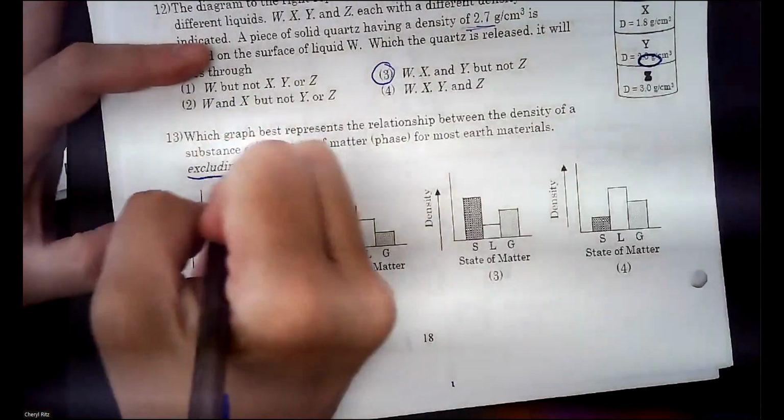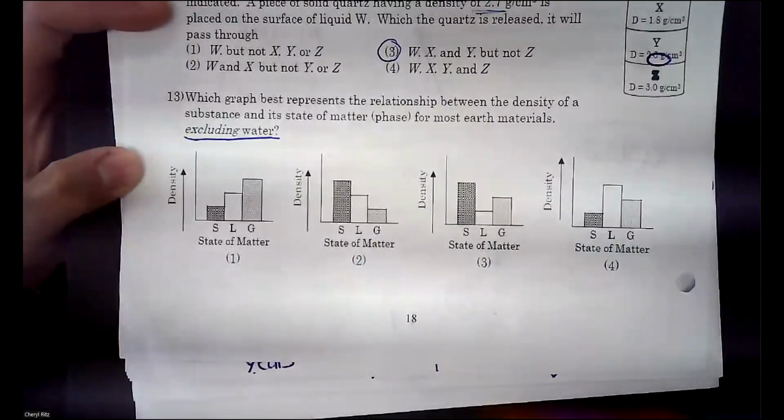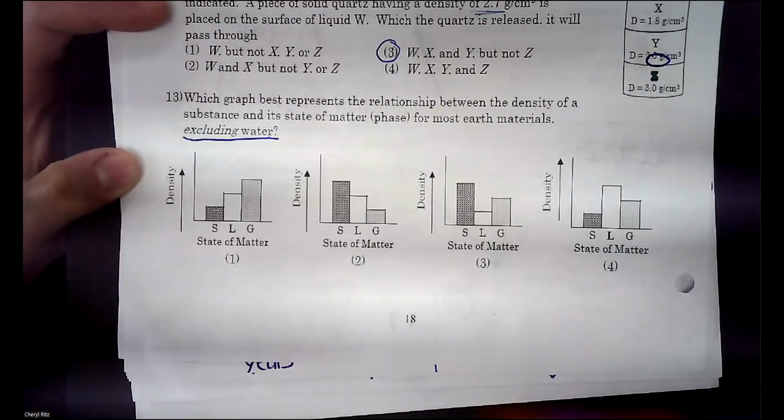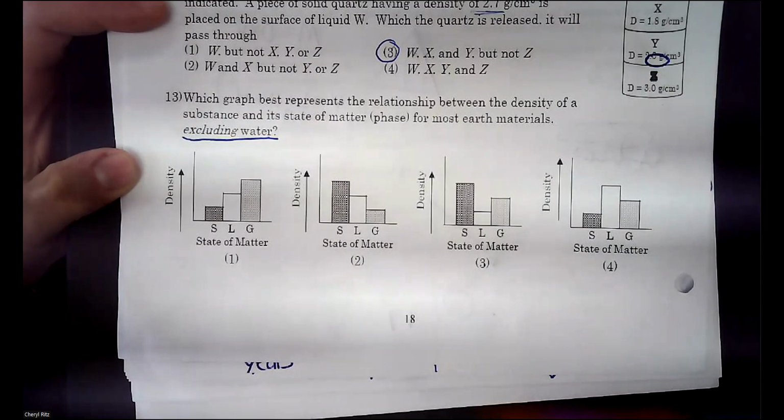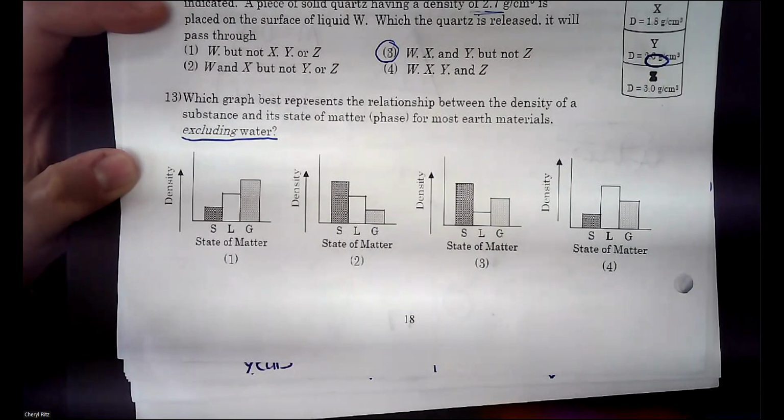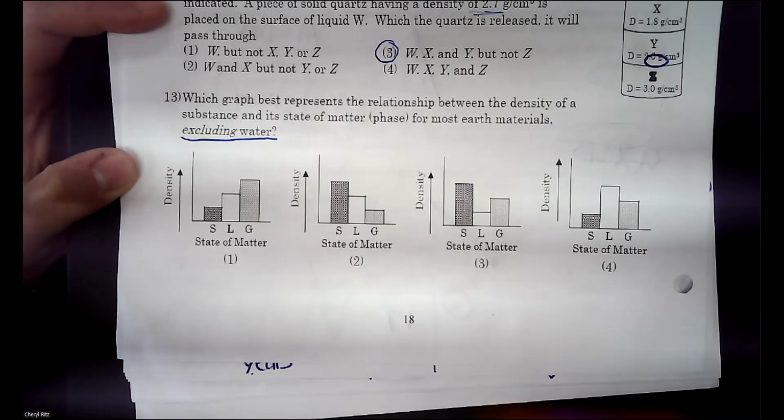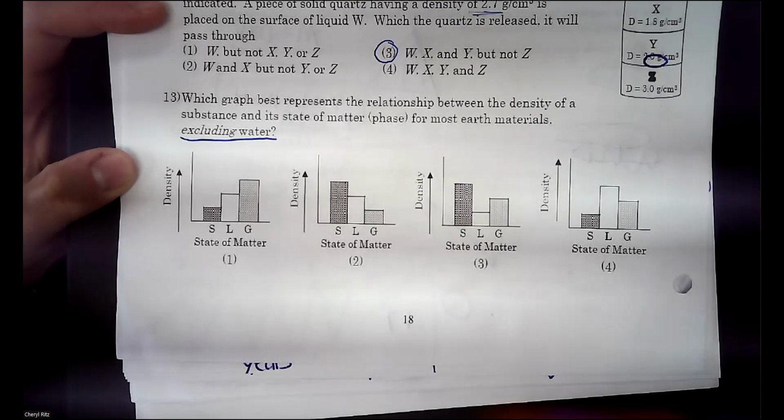Guys, what does excluding water mean? Not including. So sometimes you have to know vocab words or phrases that are not science words. That's an everyday English language word. And if they say excluding water, it means you don't include water. And that's because water is weird.